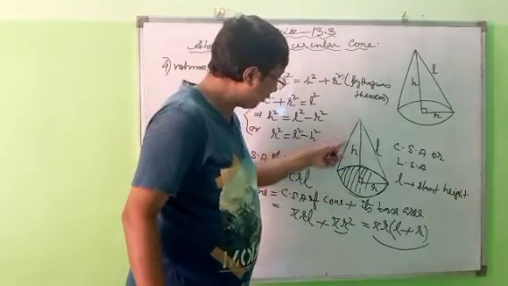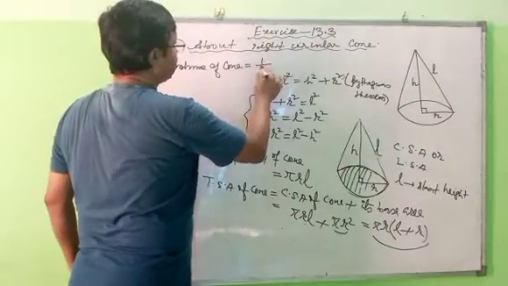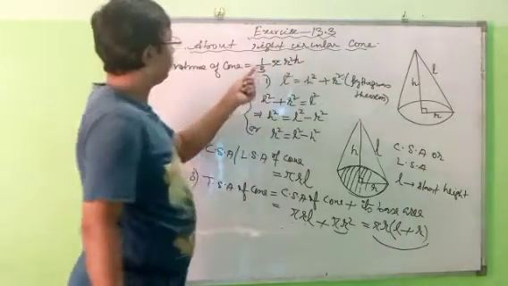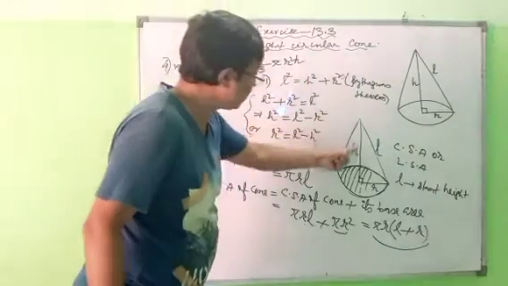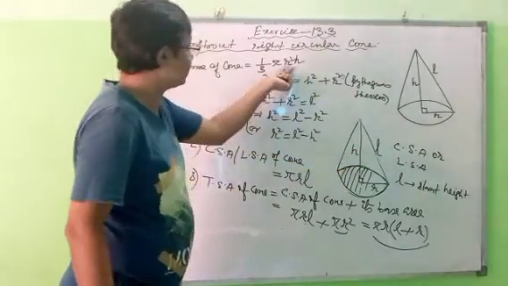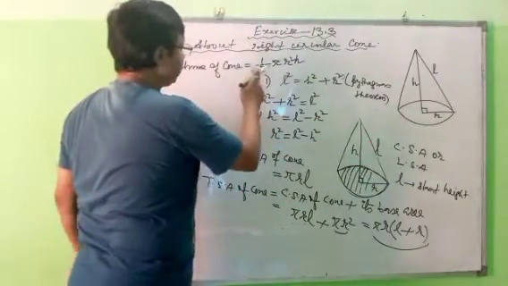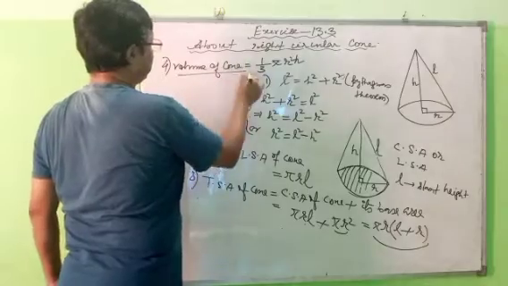To get the volume of this cone, the formula is 1 by 3 pi r square h. Here h is the height of the cone, and r is the radius of the cone. By using the formula 1 by 3 pi r square h, you will get the volume of the cone.